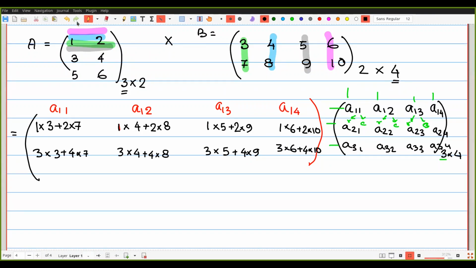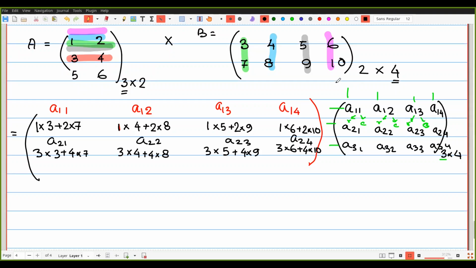If we draw the same thing once again: 3, 4, 3, 7 for the second row, first column, then second row, second column, second row, third column, and second row, fourth column.